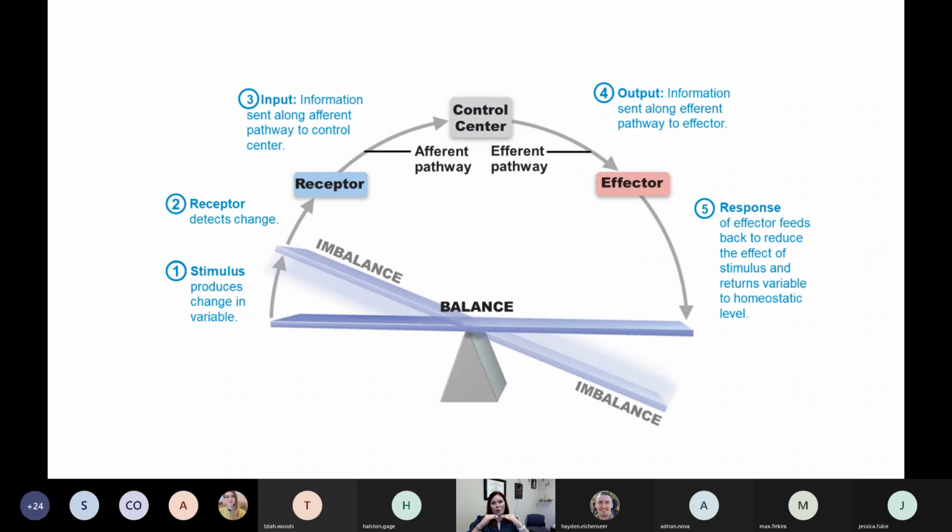We want it to be at homeostasis. But because we don't all live in a little box where nothing ever changes, we have to have these systems in place for when I'm out of balance to get back into balance. That's what homeostasis is. Something's out of balance. Here's how I get back to balance.